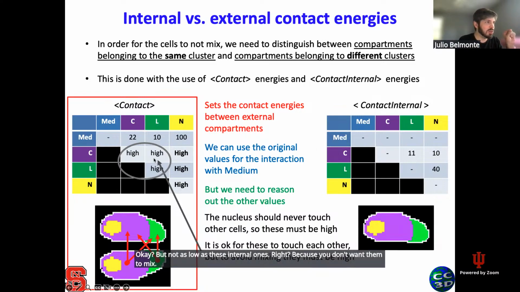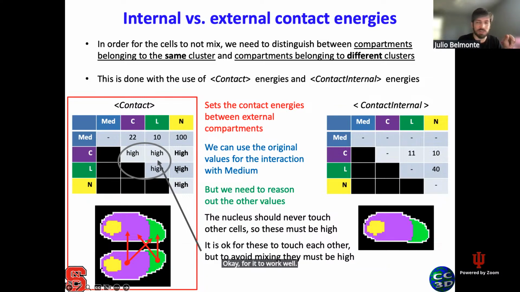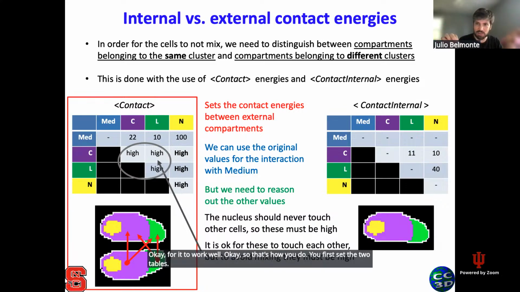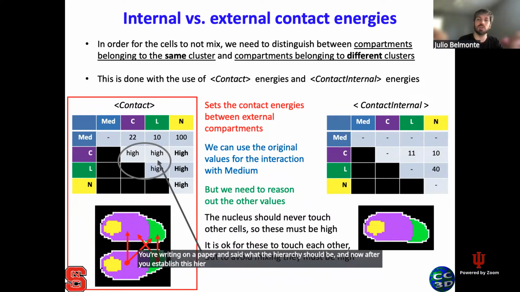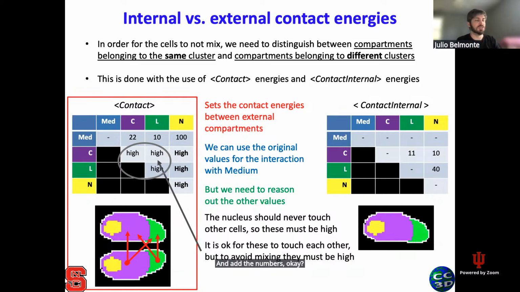So it has to be low, but higher than 10 and 11, for it to work well. Okay, so that's how you do it. You first set the two tables, you write on paper and set what the hierarchy should be. And after you establish this hierarchy, then you go to the code and add the numbers. Okay, so that's this part.